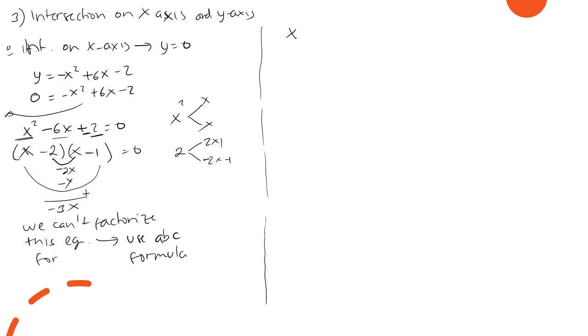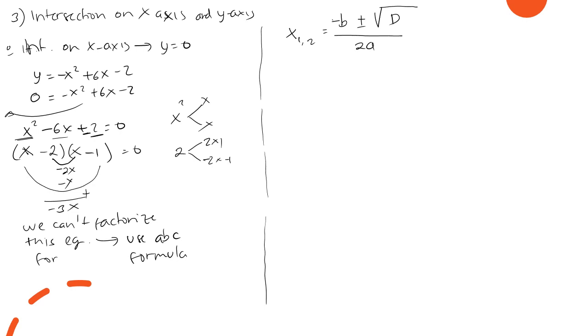So the ABC formula, you know it. I don't teach you anymore since you know that already. Minus b plus minus the square root of d, where d is b squared minus 4ac, right? You divide it by 2a.